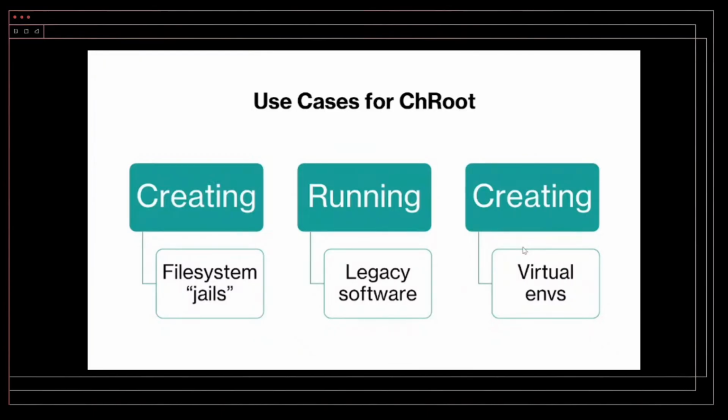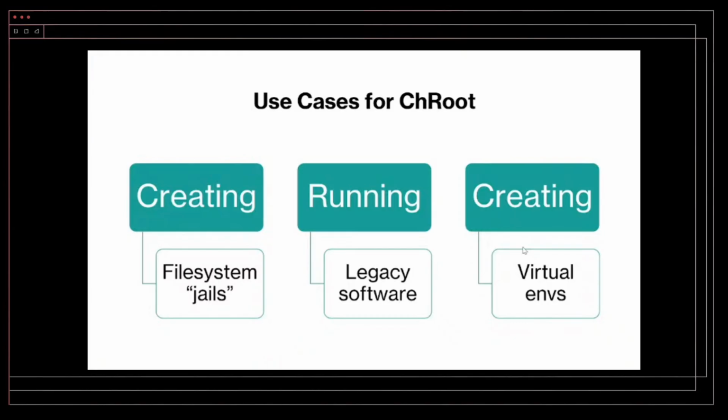So you put the software inside of a folder with all the libraries that it requires, so that it does not accidentally try to look outside of that folder for default libraries or the latest libraries. You create a specific folder, put all the dependencies and the program inside of it, and then you run it. And now you have a jail-like situation where you can run legacy software.